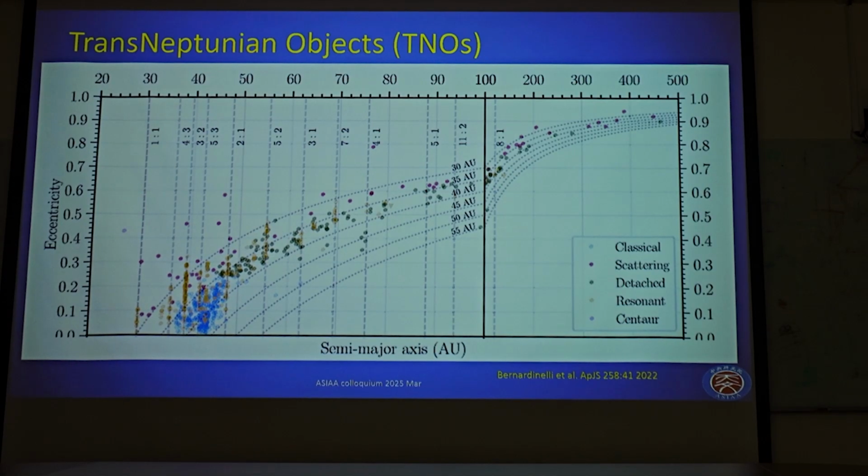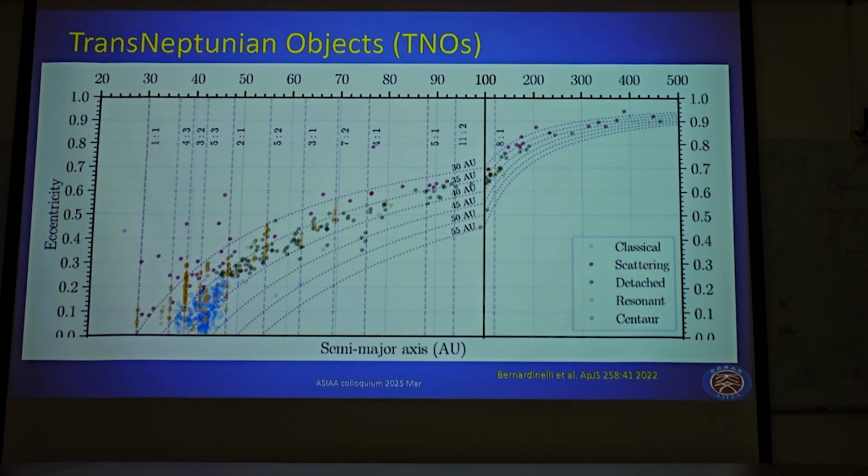And then you have the resonant objects, meaning they have similar orbits as Neptune. So the periods of their orbits are integer ratios with the period of Neptune. So their orbit is closely tied to the orbit of Neptune.